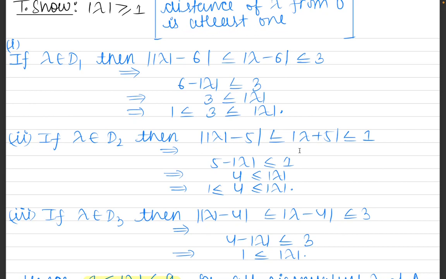It is given to be less than or equal to 1, right? So what does it imply? That 5 minus mod lambda is at most 1. So this implies 4 is greater than or equal to mod lambda, and because 1 is always less than or equal to 4, this follows. And similarly, now you know how to prove it for D3.